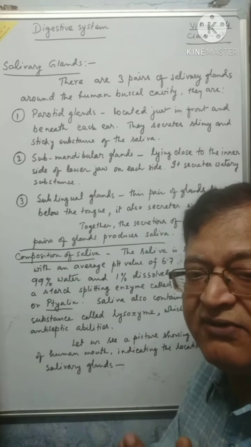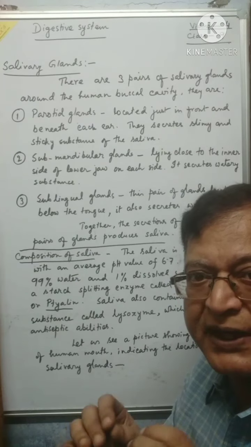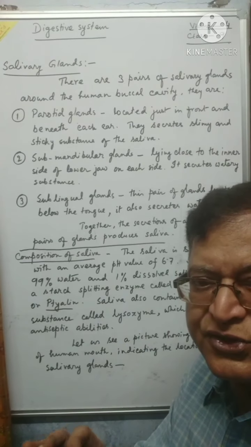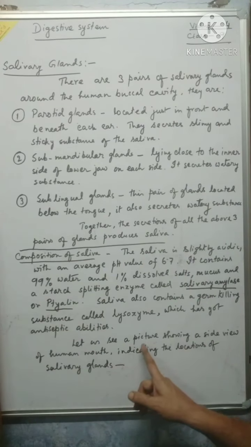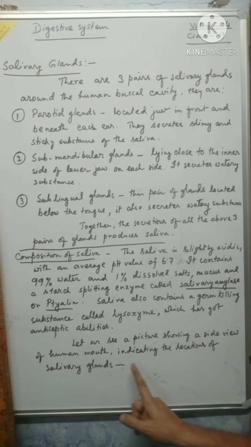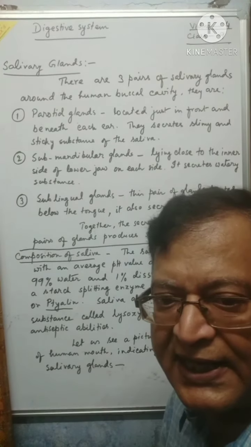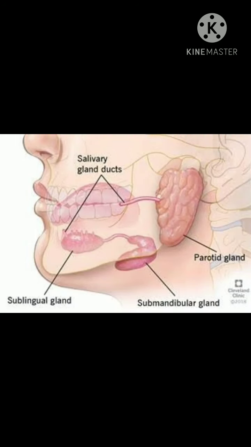Now let us see a picture showing a side view of the human mouth indicating the locations of the salivary glands. The mouth outline is given.